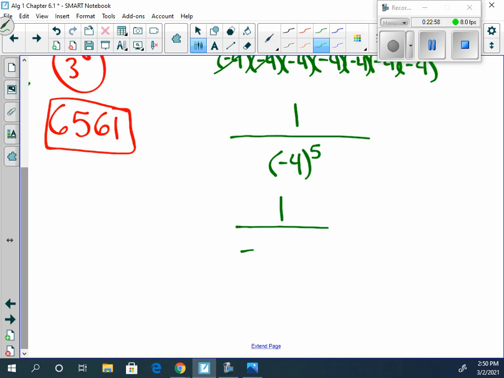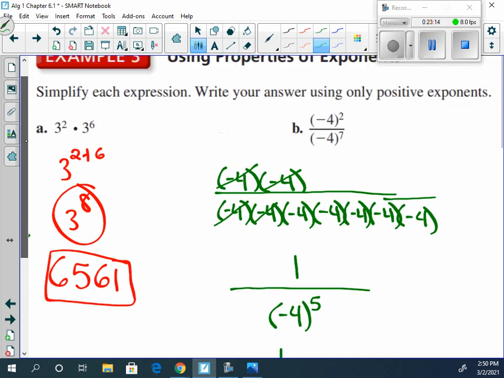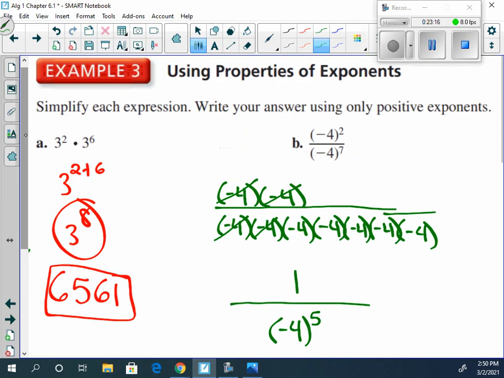Negative, so it would be decently big. 1,024. And that would be it. Negative 1,024. Okay. So any questions on this here so far?